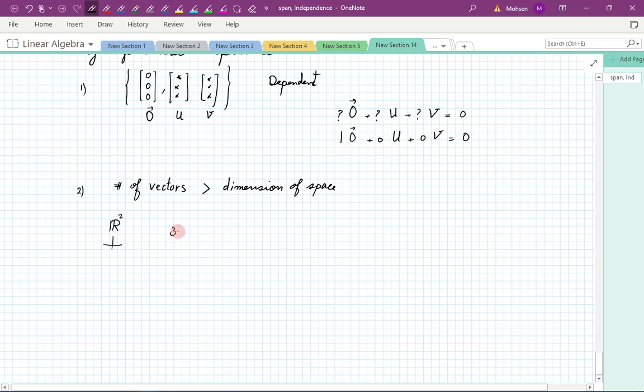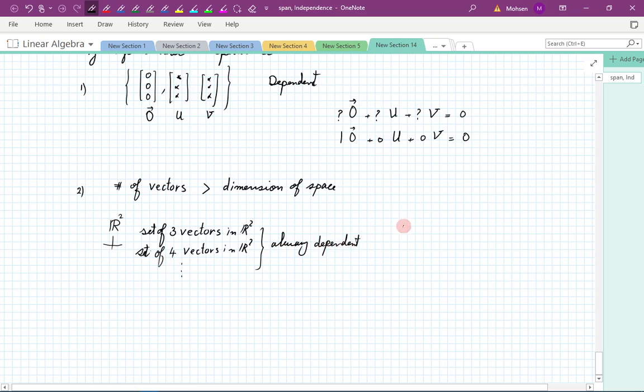So 3 vectors in R2, or to give yourself more room, 4 vectors in R2, and so on. These are always dependent.